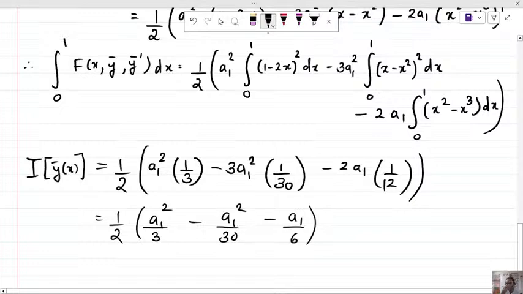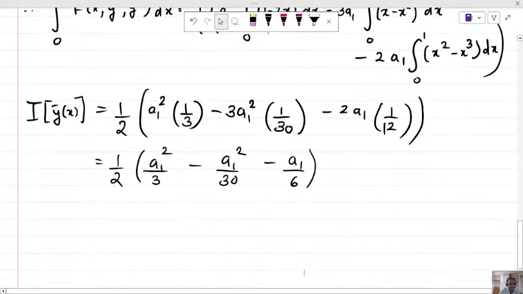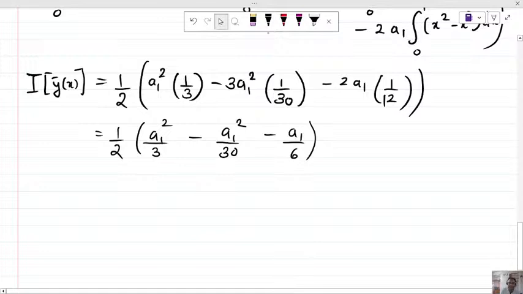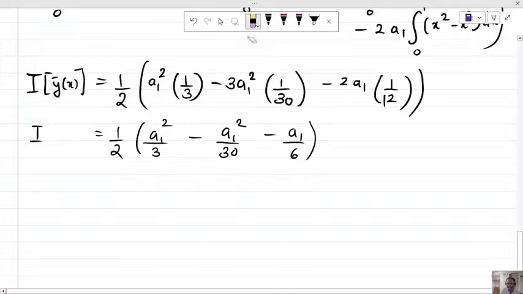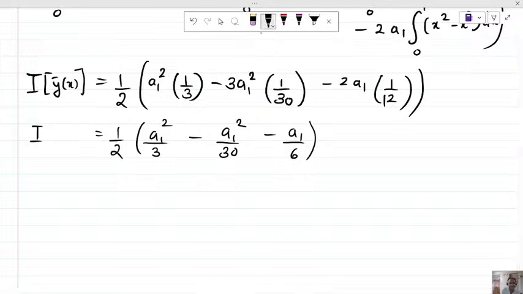So here I get I of y bar of x. Instead of writing y bar, because y bar is no longer there, I'll just write it as I. And now we have to find the stationary points.